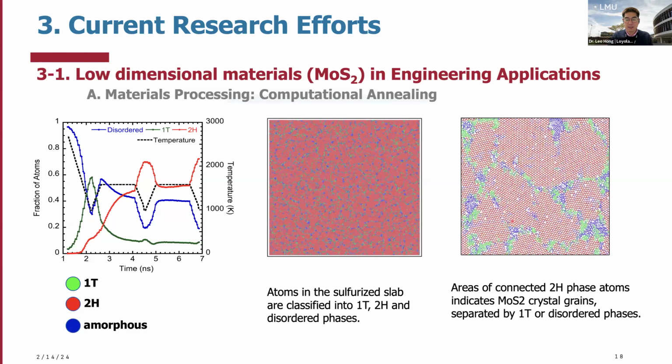If we get this kind of crystalline phase, we can expect higher electrical properties. That's what we want to do as engineers. This is great support for experimental design, because computational design can support experimental design. As you can see, if we do the annealing, we can get the crystalline phase. This is one example we can try.